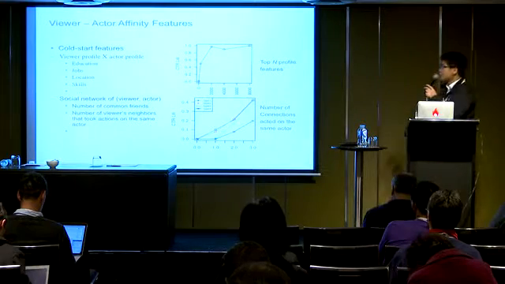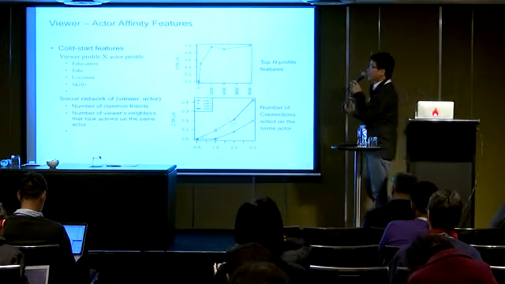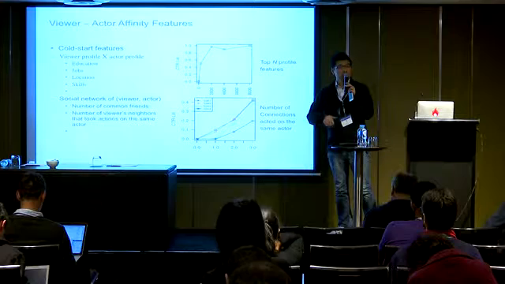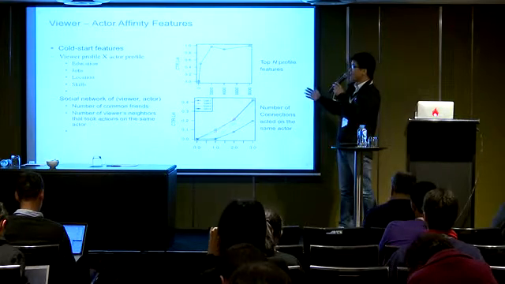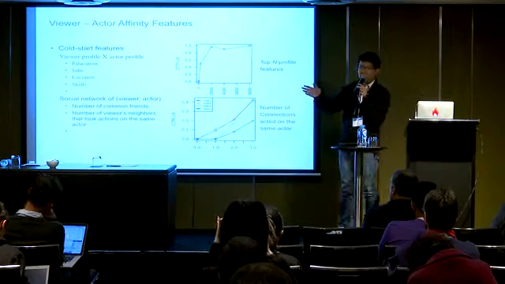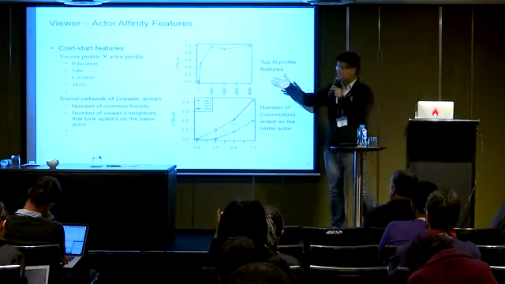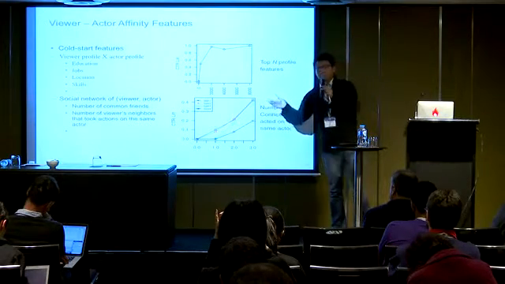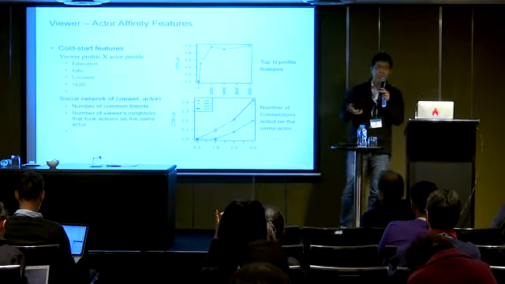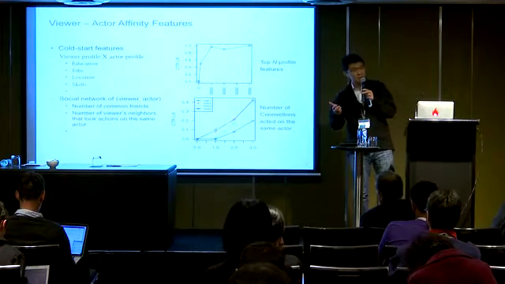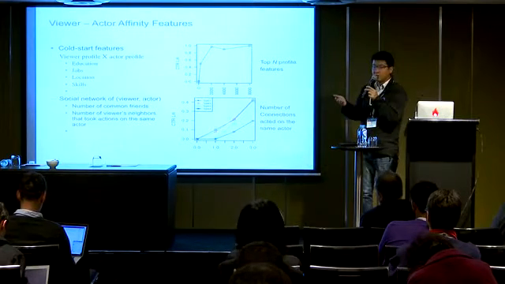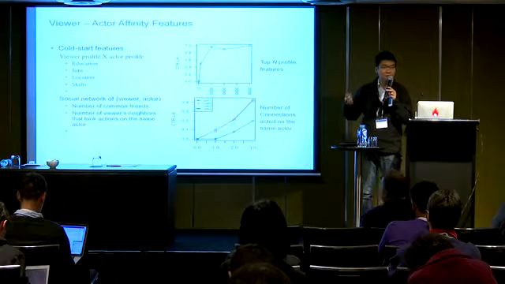And for cold start features, basically we have the interaction features between the viewer and actor based on their profiles, for example the education, job, location, and skill. The idea is probably that 2 persons with the same skill or a similar education level like to click each other.